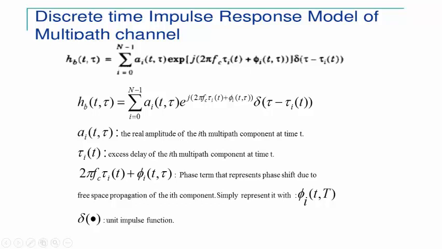So here a is nothing but the real amplitude of the ith multipath component at time t.